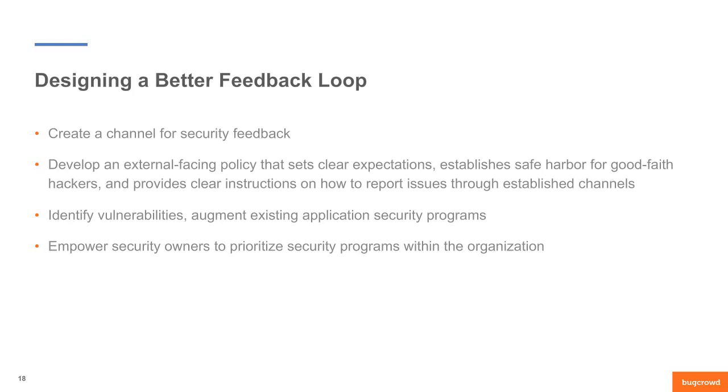And so what this does is you get a whole bunch of vulnerabilities from the market, and it helps you augment your existing security applications. We talk about application security programs, and how this augments them. And now you can prioritize your applications, your assets, and your security program from the data that you get from the VDP. So, reiterating all the points we've gone through so far on the webcast.